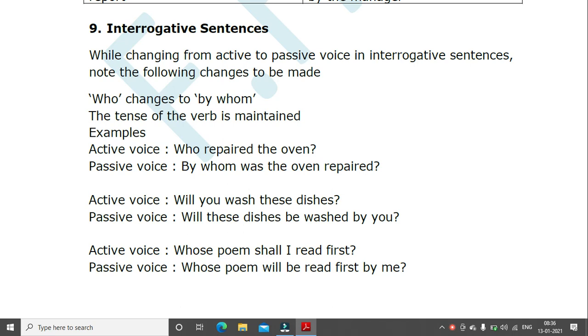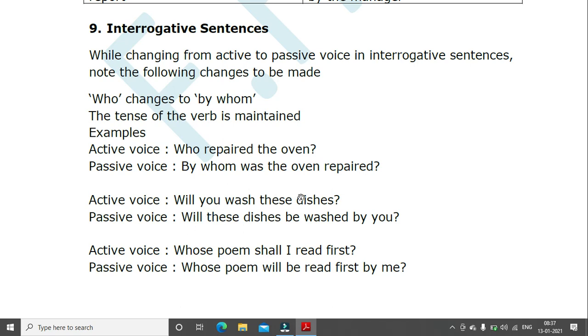Whose poem shall I read first? Again here you will just write the question word as it is. Whose poem, whose poem shall I read first? So here what they have done is the poem and the action is here. Okay, the action is here, read. But they have put who is reading here? I. Okay, this is a little confusing, so listen properly. Who is doing the action? I. And what is he reading? The poem.